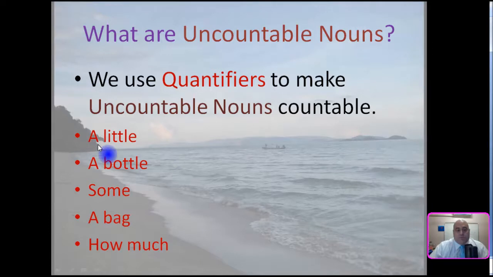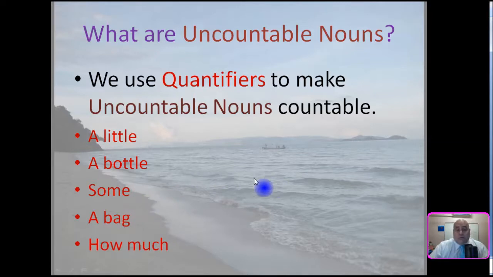But here's a few examples. A little water, a little money. These are quantifiers that you use in front of the uncountable noun. A bottle of juice, a bottle of milk, a bottle of water. You can count a bottle of water, but you can't count all the water in the ocean. Some.